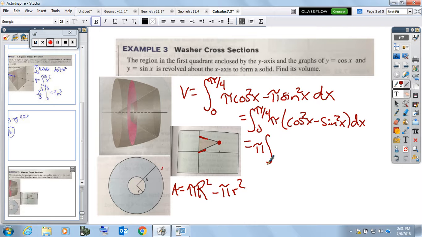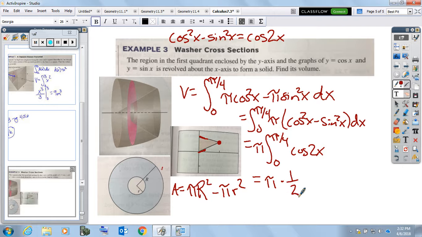That brings us back to our trig identities, because it is true that cosine squared x minus sine squared x is equal to cosine of 2x here. Well, this is a heck of a lot easier to integrate, cosine of 2x. This will equal pi times, well, cosine 2x, take out our 1/2, so we have times 1/2 sine of 2x.